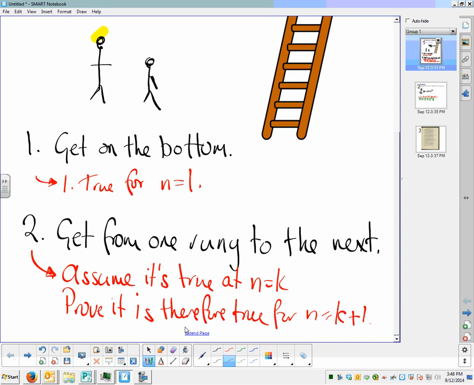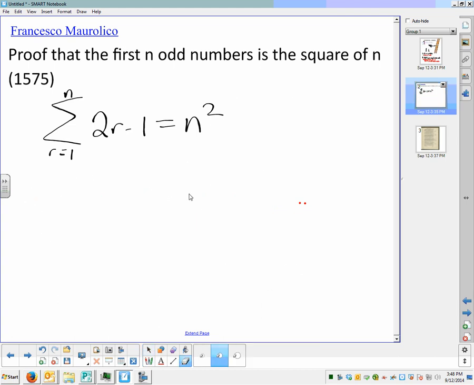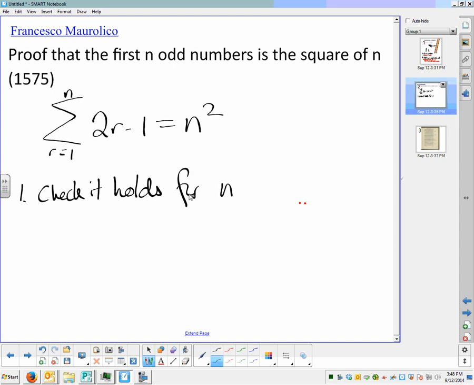Let's do the example. So the first thing I have to do is check that it's true at 1. So step 1, check it holds for n equals 1. And the way I do that is I evaluate the left-hand side, which is the sum from r equals 1 to 1 of 2r minus 1.